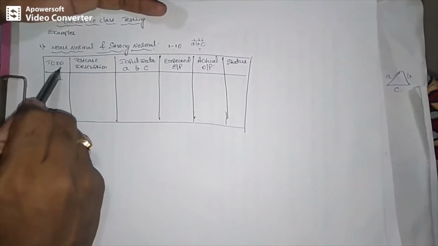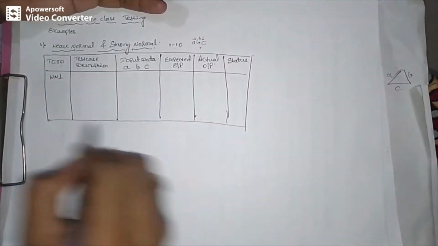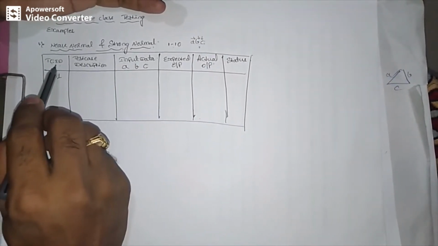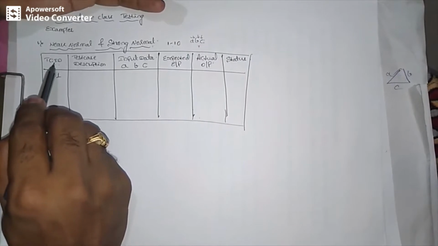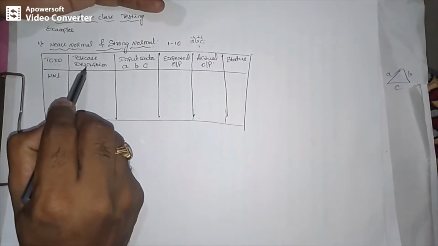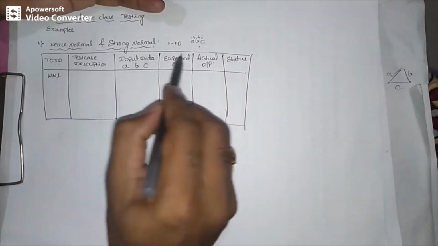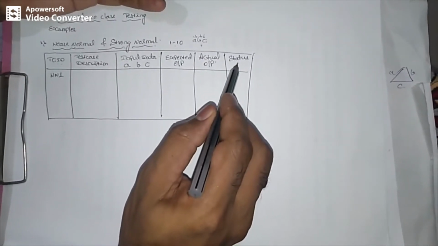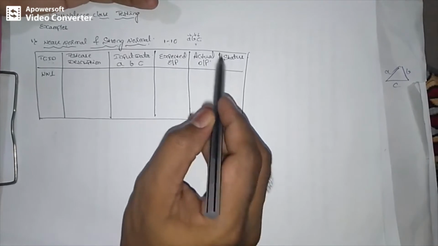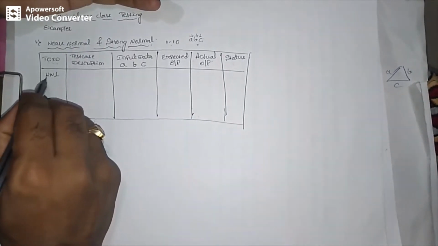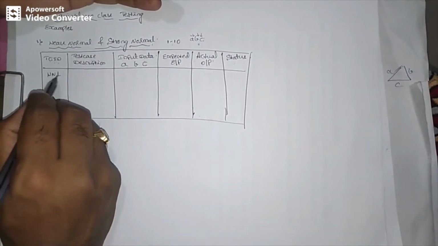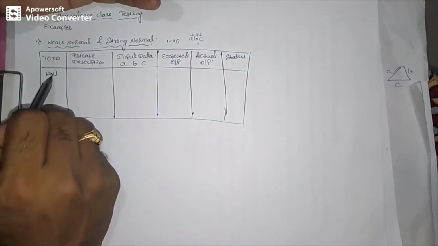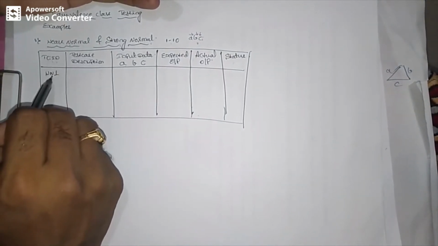This is how we specify the test case table. The test case table has to include the test case id, test case description, input data, expected output result, actual output result, and the last one is status. The test case id we specify as WN1, WN2, WN3 in this manner, where WN indicates weak normal test cases.